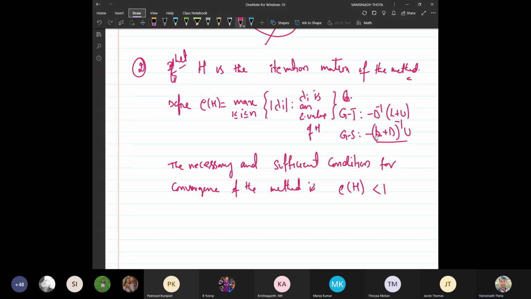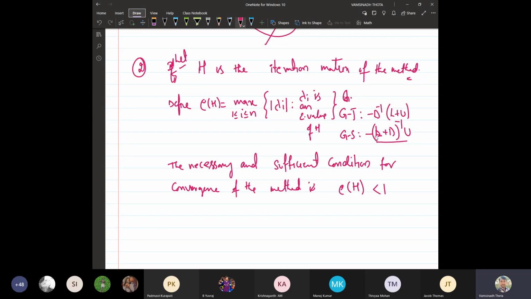Suppose in the Gauss-Jacobi method there is an iteration matrix; you find all the eigenvalues and check whether their magnitudes are strictly less than 1 or not. If so, then the Gauss-Jacobi method converges. It is a necessary and sufficient condition, not only one side. If it is bigger than 1, then whether it is the Gauss-Jacobi method or the Gauss-Seidel method, it will diverge.